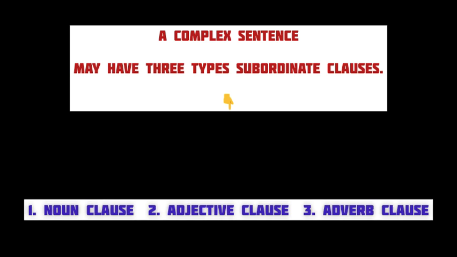If the subordinate clause does the work of a noun in the sentence, it's called a noun clause. If it functions as an adjective, it's called an adjective clause. Similarly, an adverb clause does the work of an adverb in the sentence.